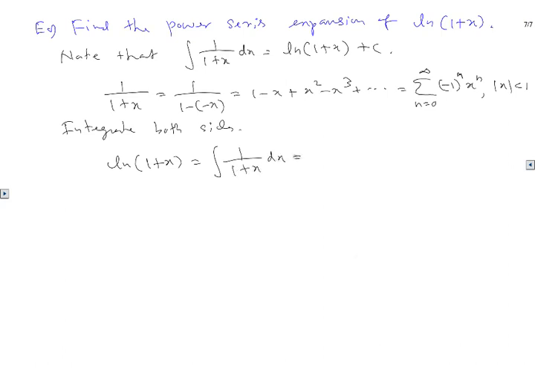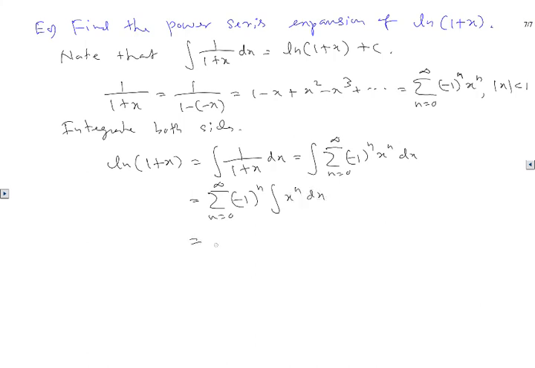Now we're going to integrate term by term: the sum over n from 0 to infinity of (-1)^n x^n dx. We switch the sigma with the integral, and we can pull the (-1)^n out as well. The integral of x^n dx.